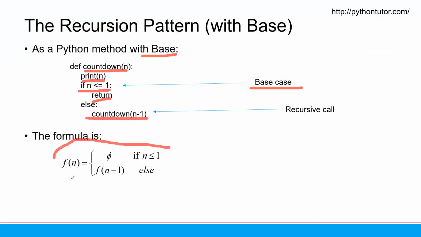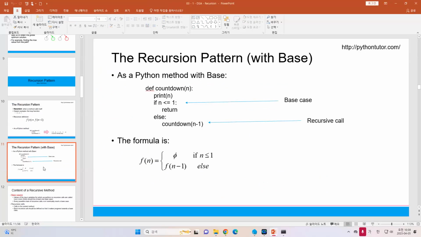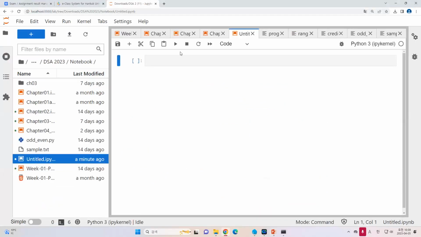We can look at the formula like this one. Fn will be empty if n is less than 1. If it is not, then let's do again the function with n minus 1. So I can check. We have the def countdown.